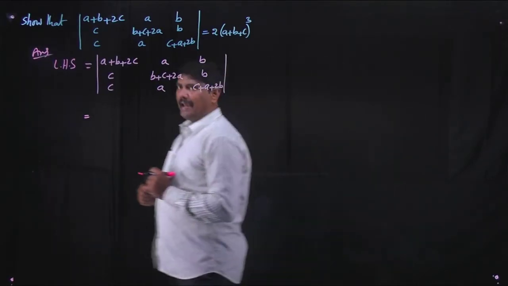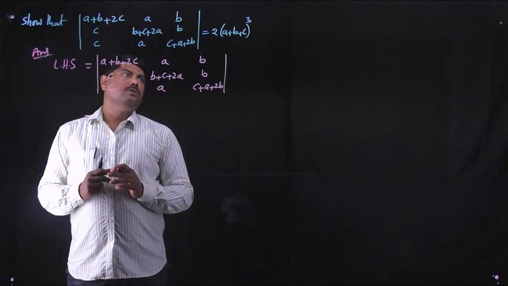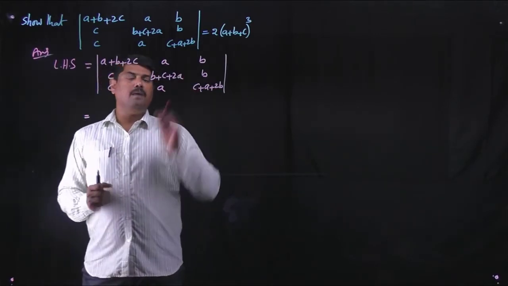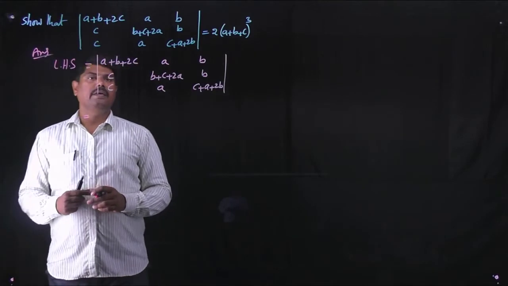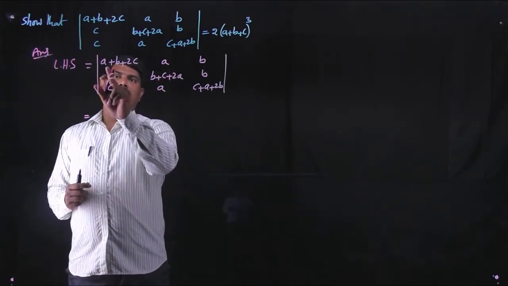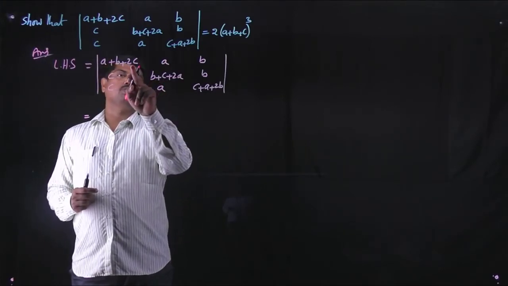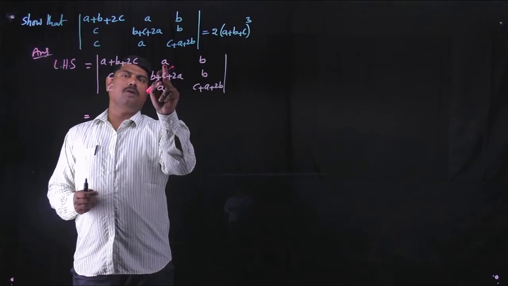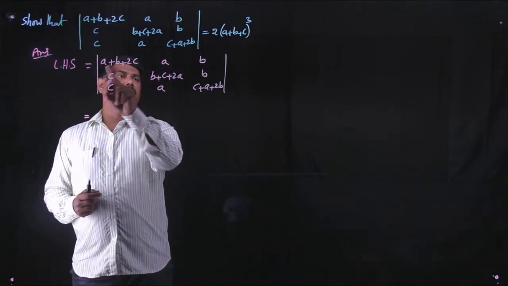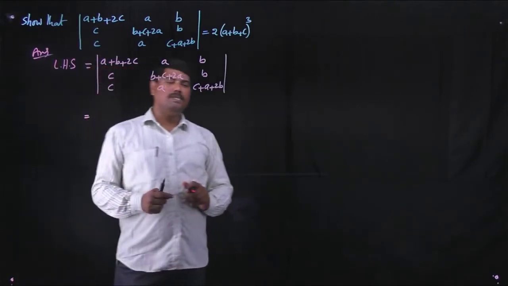To get that idea, here is how you can use applications to get a plus b plus c. First observe my point here. A plus b plus 2c is the first element of the first row. Adding the second row element, it will become 2a. Adding the third row element b, it will become 2a plus 2b plus 2c.